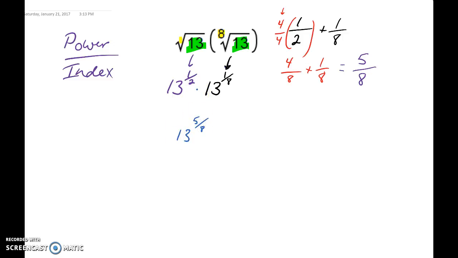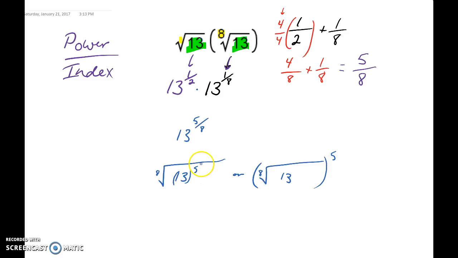All right, now you could leave your answer like this, but since it was first given to you as a radical, you can rewrite it as a radical, and it'll be 13 to the 5th power, and it's the 8th root, or you can rewrite it as the 8th root of 13 raised to the 5th power.